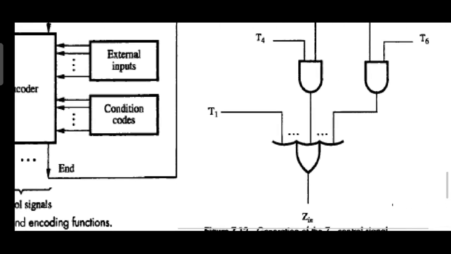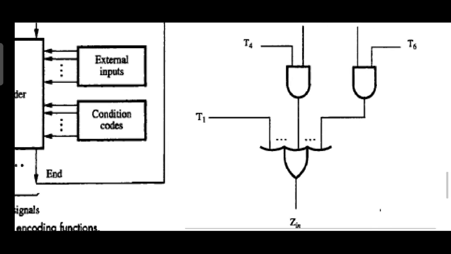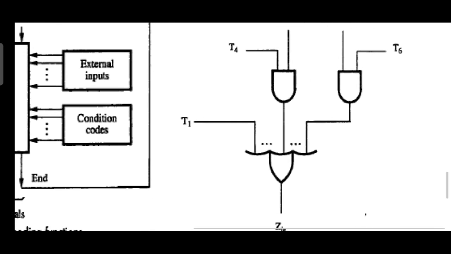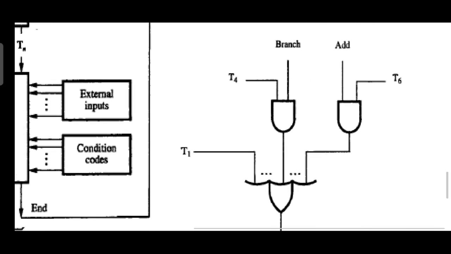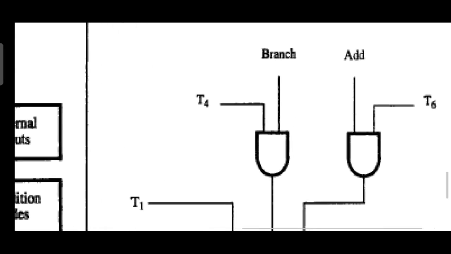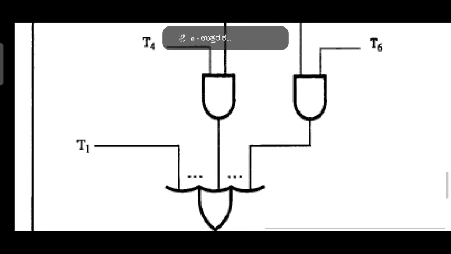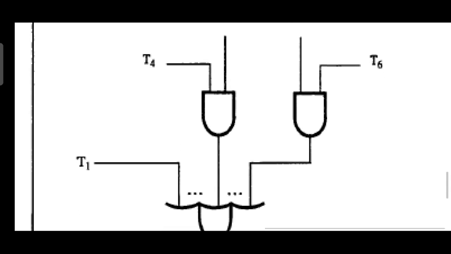See here, Z in, this is just an example. You can see a multi-input OR gate. How is Z in generated? T1 in OR operation with an AND gate, where you can find T4 and branch instruction. One more AND gate we have is T6 along with the add instruction.